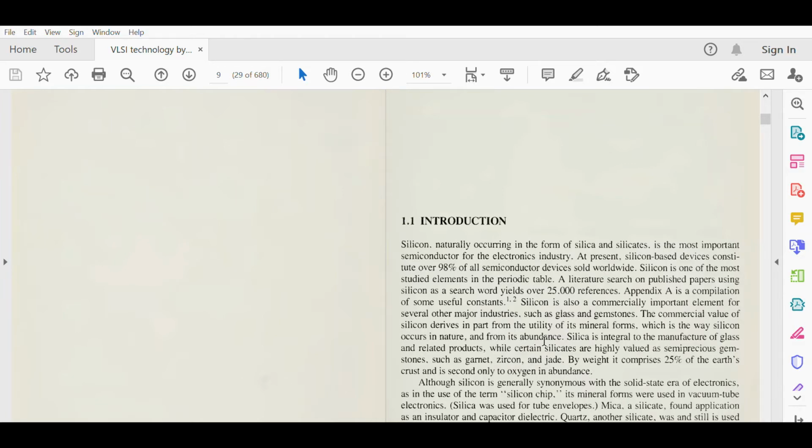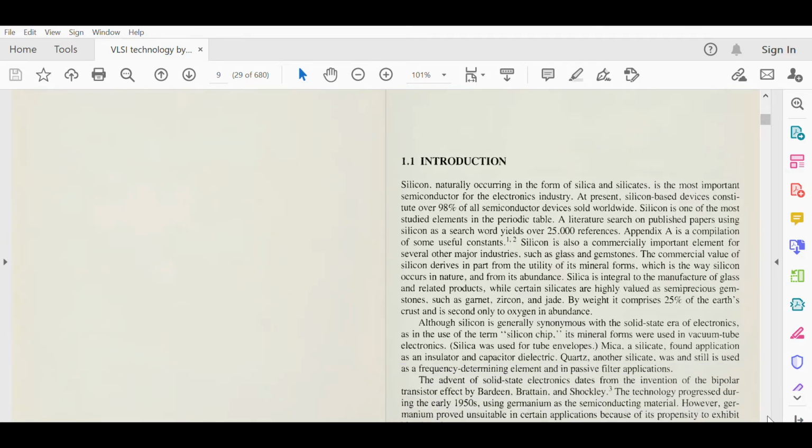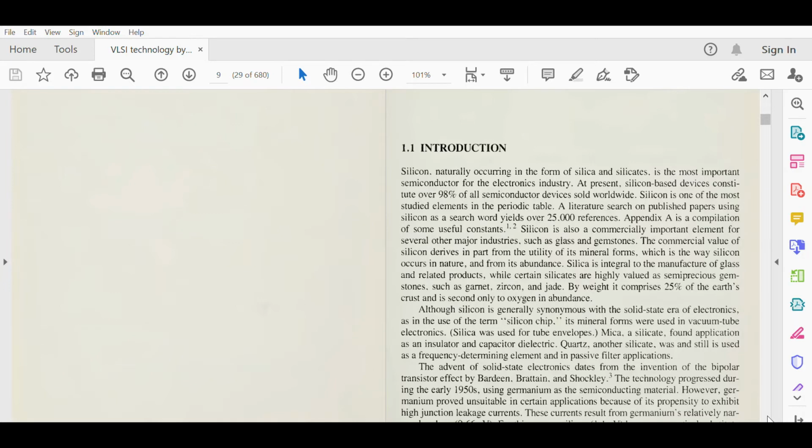Silica is integral to the manufacture of glass and related products, while certain silicates are highly valued as semi-precious gemstones such as garnet, zircon, and jade. By weight, silicon comprises 25% of Earth's crust and is second only to oxygen in abundance. So after oxygen, the most widely found element is silicon.